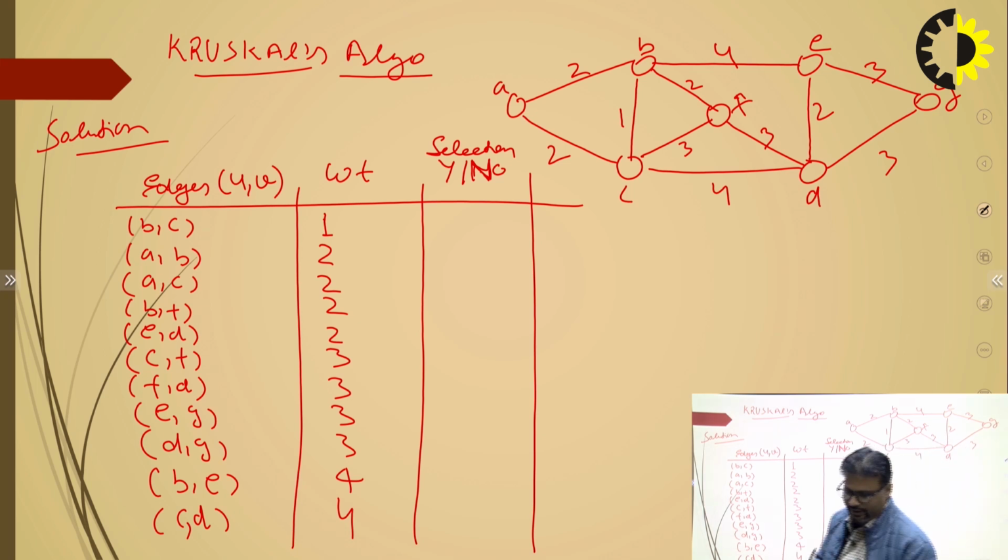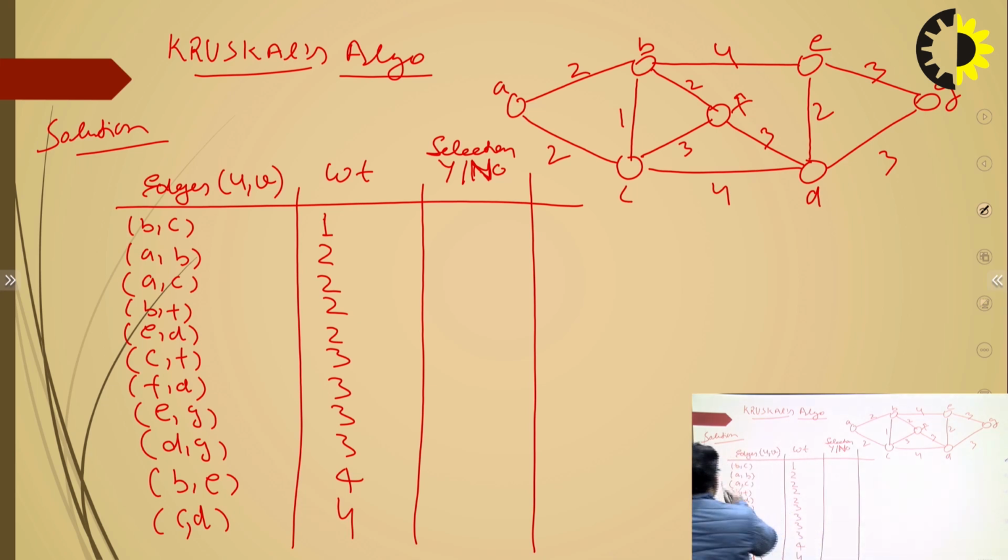These are 11 edges. I have already checked all edges and their weights, and again we will consider these weights in increasing order.